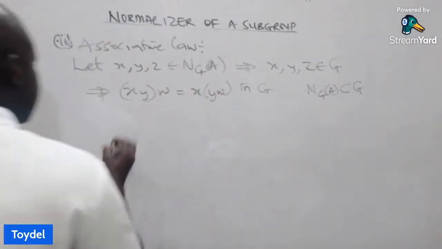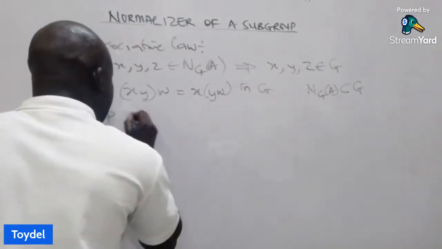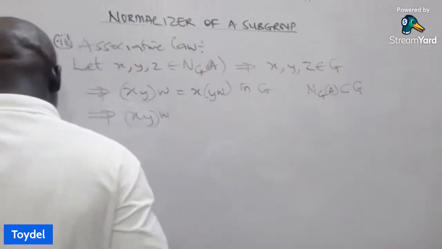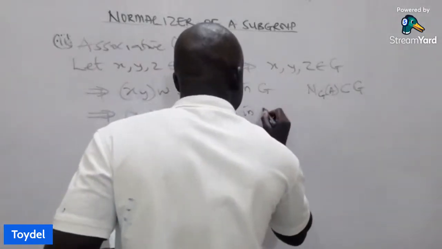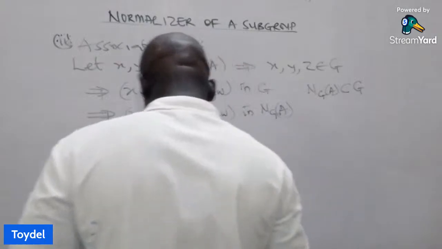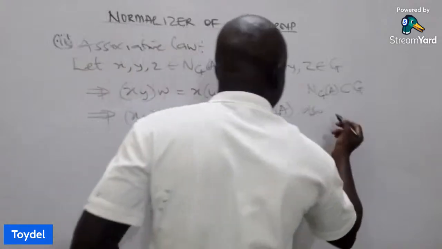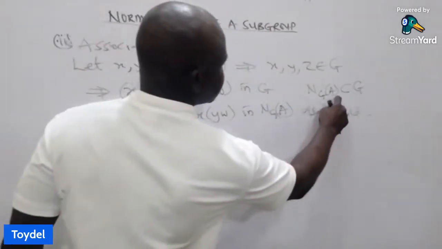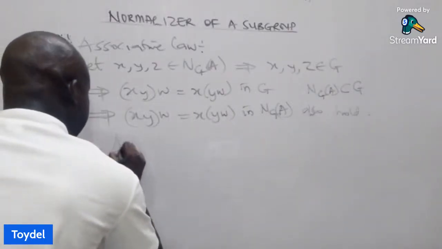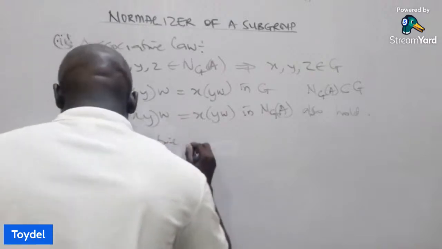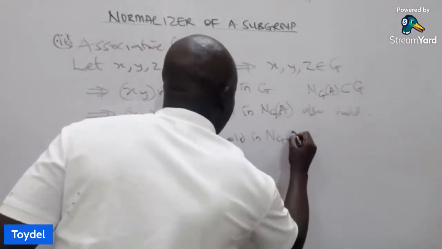So from what we have on the board, this implies that (XY)W, which is the same thing as X(YW) in G, in NG of A, also holds because NG of A is a subset of G. Therefore, you can generalize that the associative law holds in the normalizer of the subgroup.